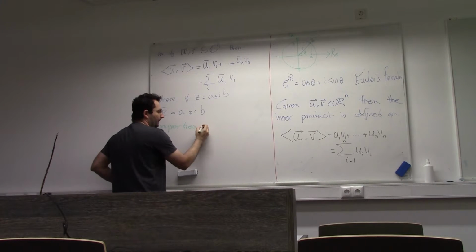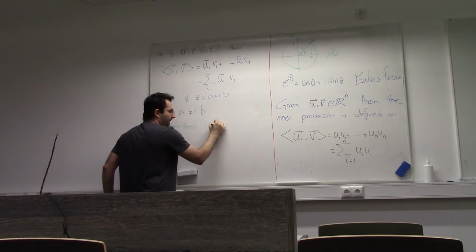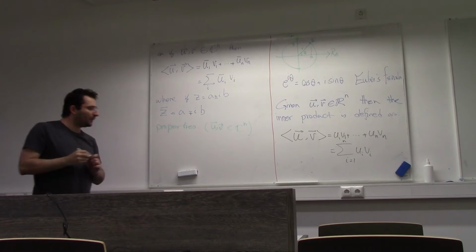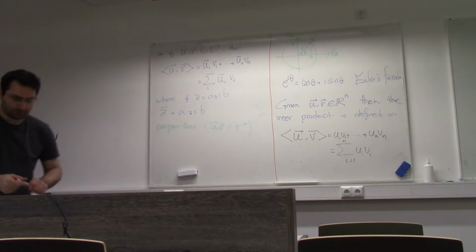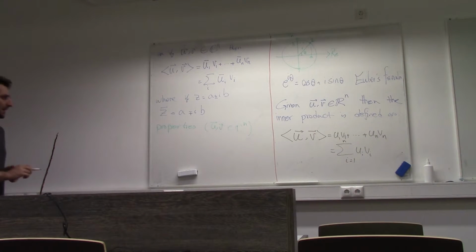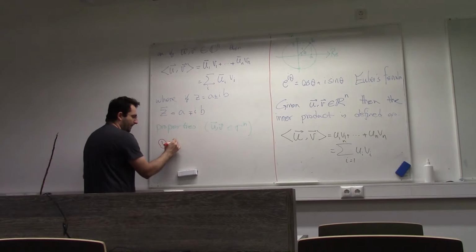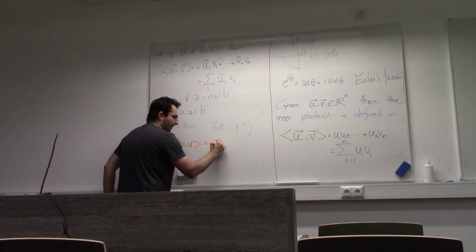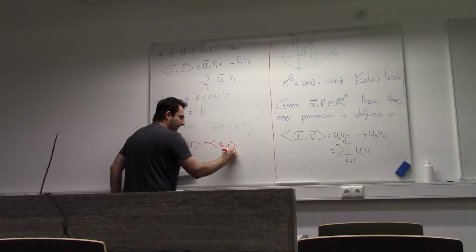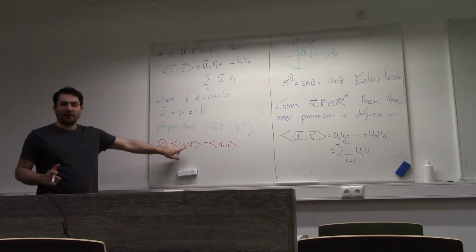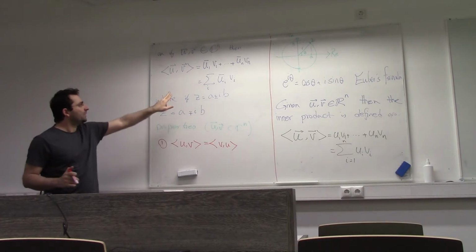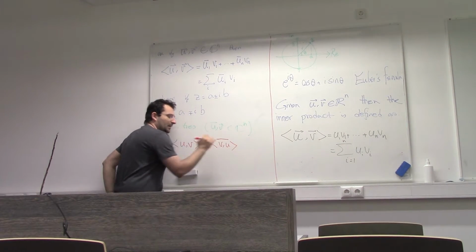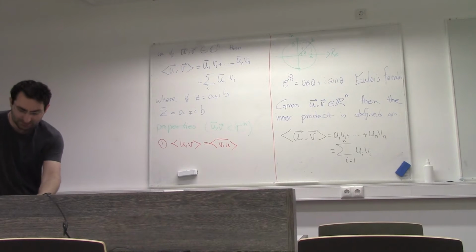Properties. In general, if u and v belong to Cn, the first one is that if we interchange u and v, the conjugate terms should be switched, so the inner product will be conjugated.